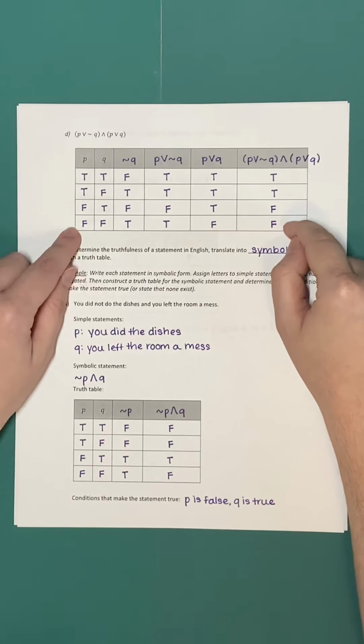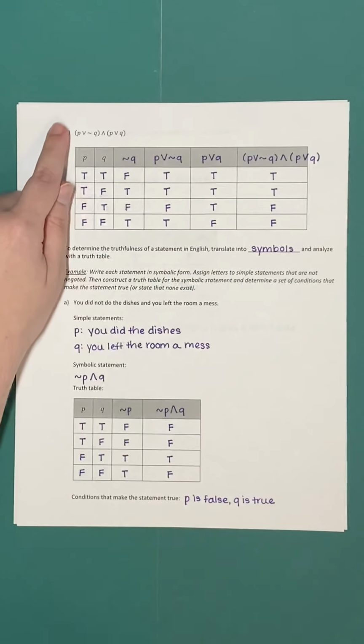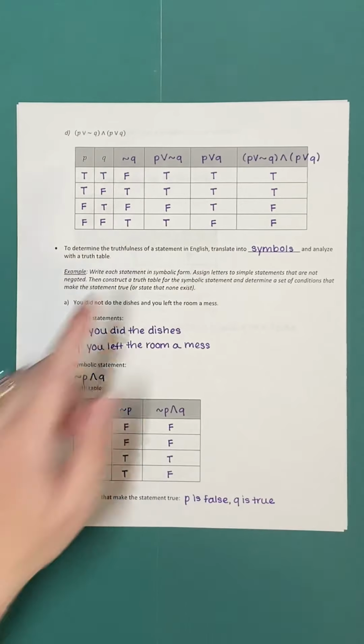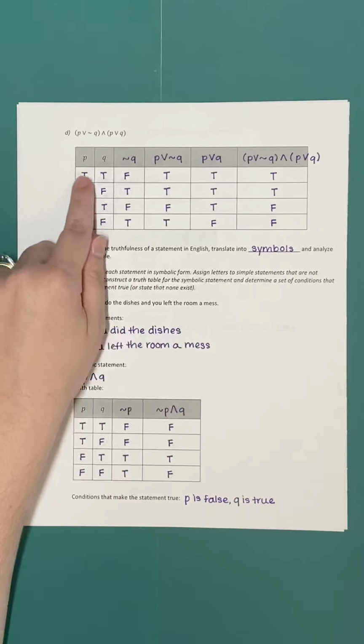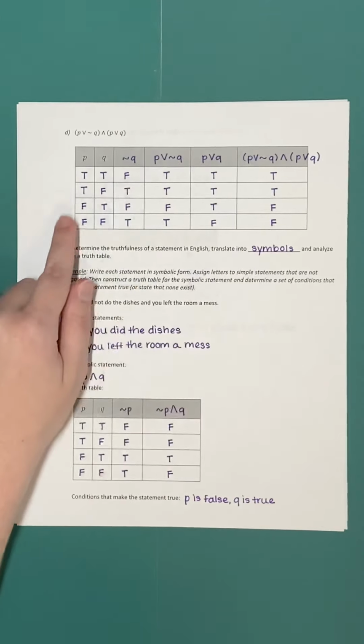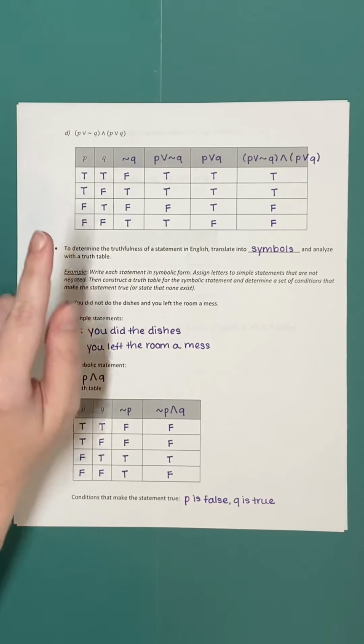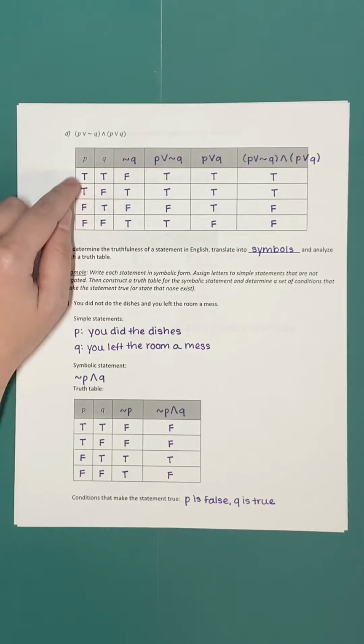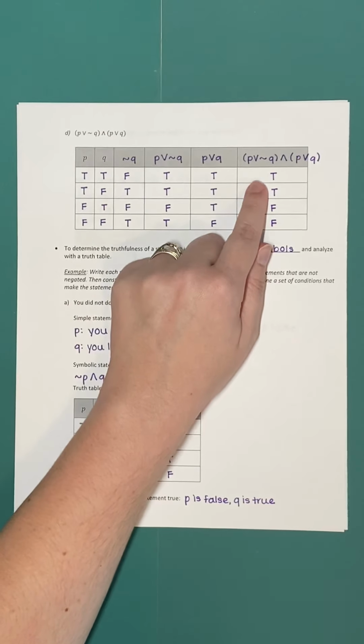So if we were to summarize what we see here in terms of whether or not this particular type of compound statement would be true, whether it would be false, notice what's in common in terms of where we started versus here. In this case, we could say that anytime the statement P is true, we're going to get a true result.